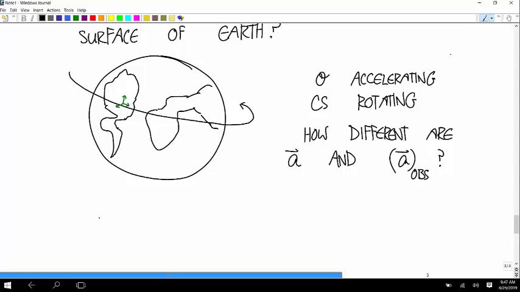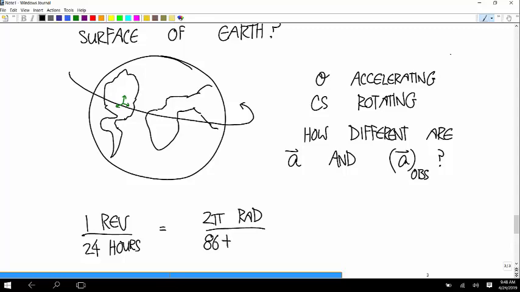So 1 day, but that's still a lot more than 2 seconds. So we do 1 revolution every 24 hours. So that's 2 pi radians every 86,400 seconds, I think.